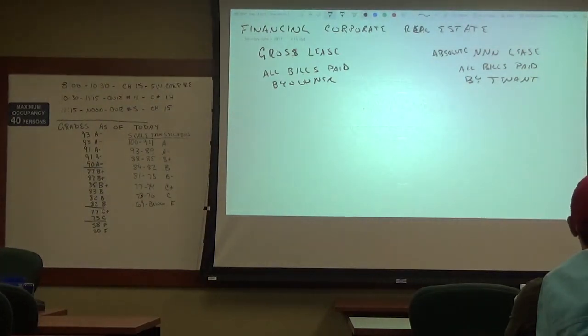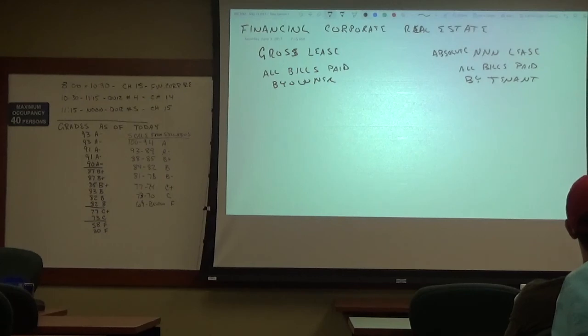Because you, as a potential investor or tenant or whoever within the marketplace, go out there and start collecting data: this property is leasing for $30 a square foot, this one for $35, this one for $40. That tells me nothing. That tells me that's what the base lease rate is.